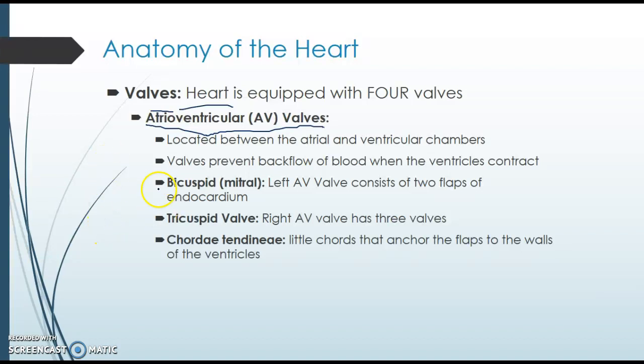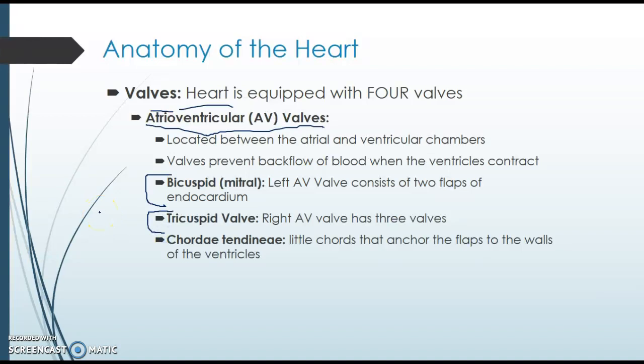And particularly, you have what's called the bicuspid valve. This is going to be your left AV valve, separating the left atrium and the left ventricle. And then your tricuspid valve is going to separate your right atrium from your right ventricle.